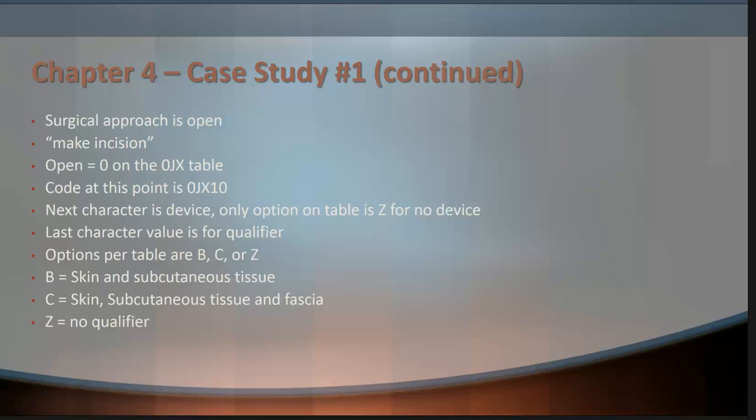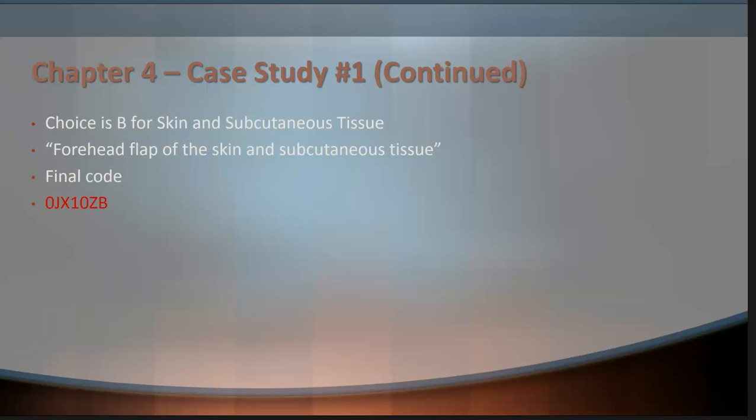B means this patient's skin and subcutaneous tissue. C means skin, subcutaneous tissue, and fascia. And Z equals no qualifier. So if we go back to our clinical information, it was denoted to be skin and subcutaneous tissue.